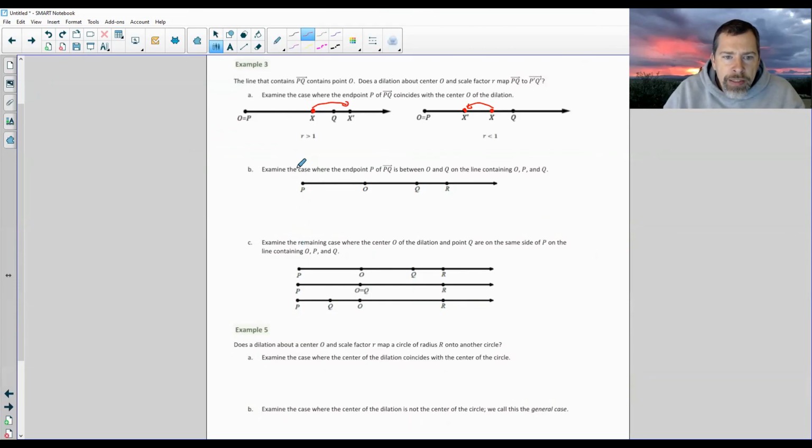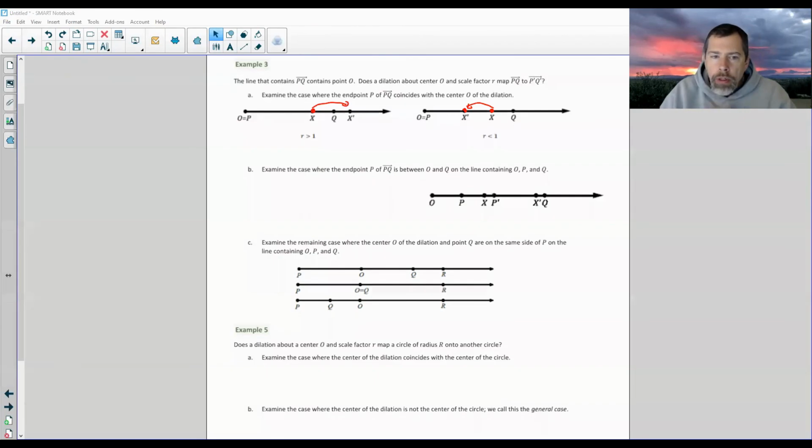Okay, so now B says, examine the case where the endpoint P of ray PQ is between O and Q. So now we're going to move P over here somewhere between O and Q. Here is a diagram for B. Endpoint P of ray PQ: ray PQ starts here and goes this direction, because P is here and Q is here.